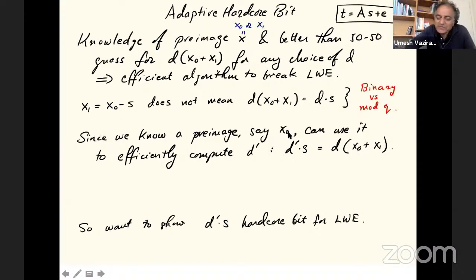Okay, so now with that out of the way, let's try to look at what this adaptive hardcore bit looks like.